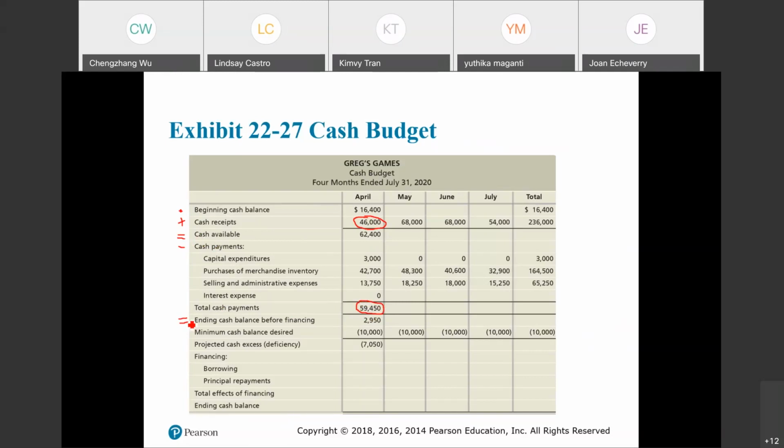Well, for April, the result is that the ending cash balance before financing is only 2,950, which is less than the minimum cash balance desired. Again, the minimum cash balance desired is $10,000. So the difference is minus $7,050.